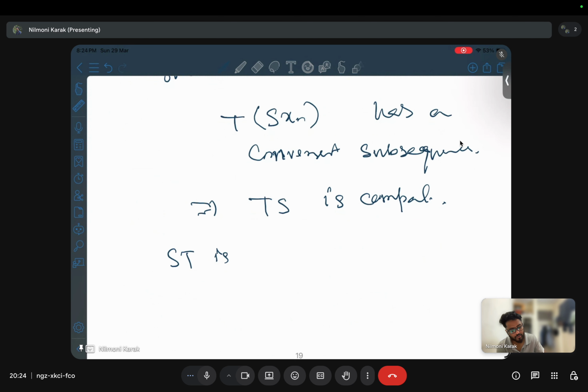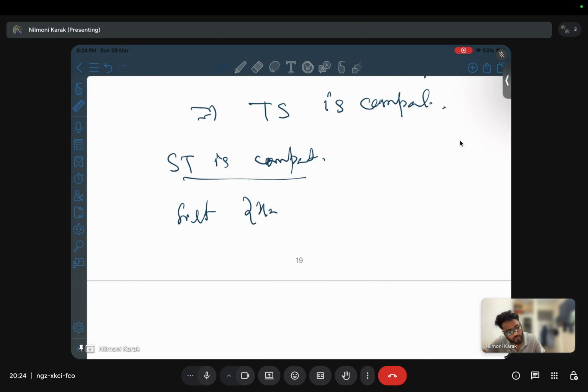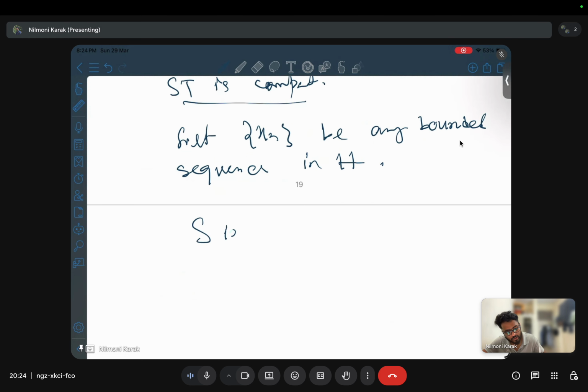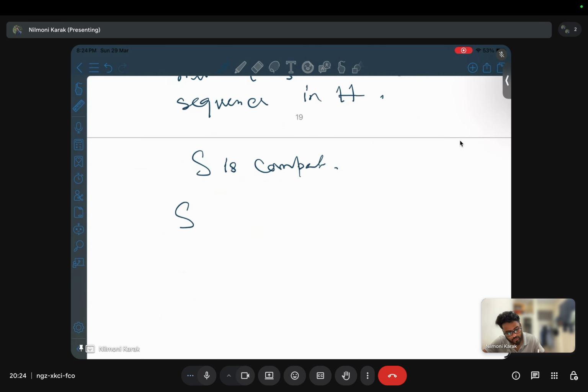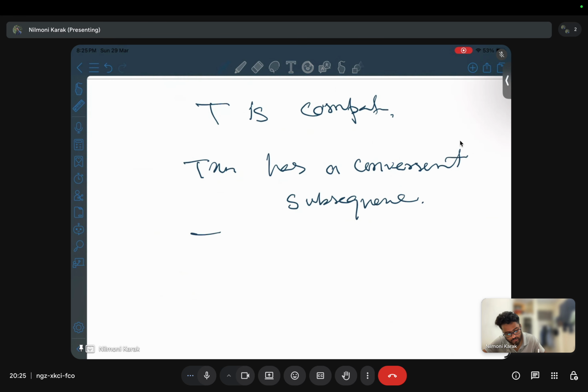What about ST? How is this compact? Similarly, let Xn be any bounded sequence in H. T is compact, so Txn has a convergent subsequence Txnk, converging to Y, say.